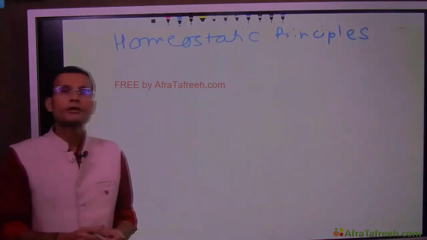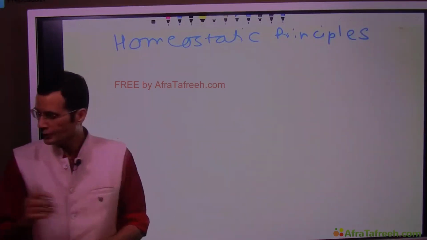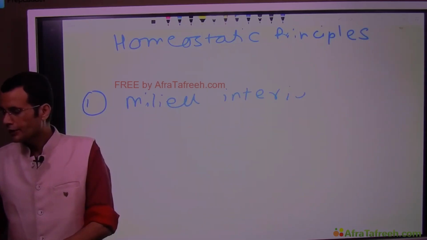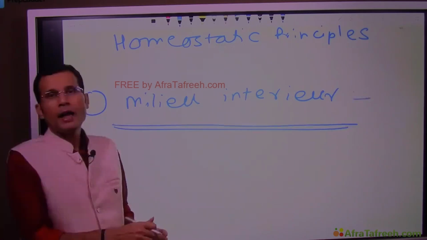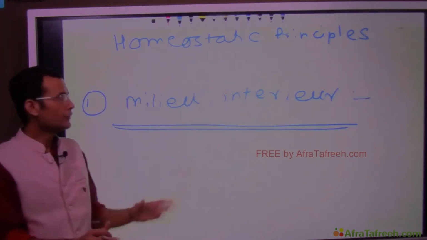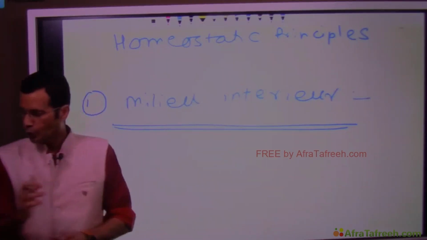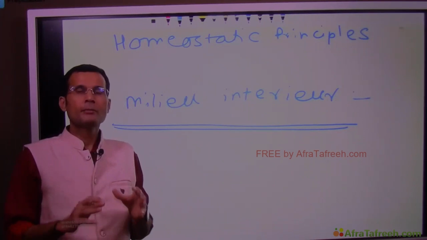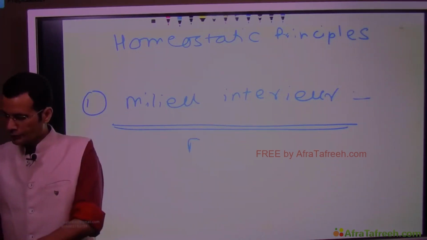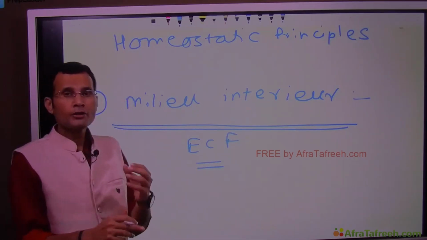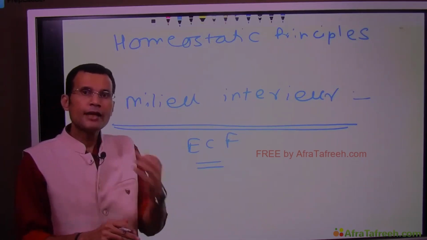Let's see first two definitions. One is milieu interior, the internal environment of the body. I'm making a simplistic pronunciation of this word. It's written like this: internal environment of the body. And for the body, the milieu interior is nothing but ECF, extracellular fluid, because it's the milieu for the cells.